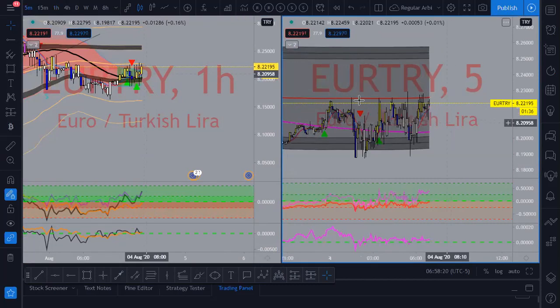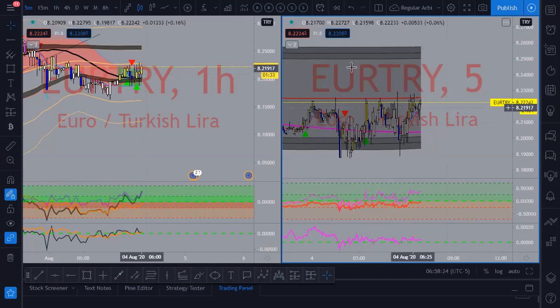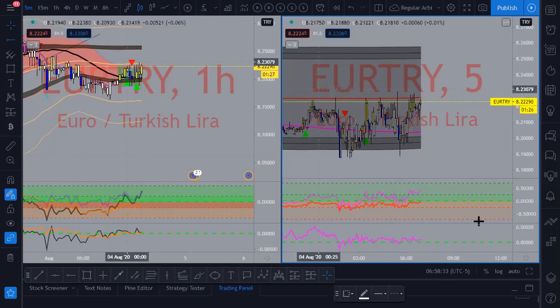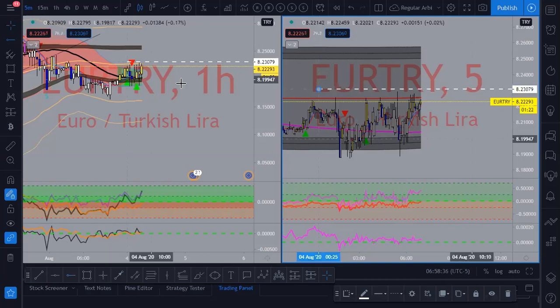I'm not trying to trade this right now. I'm not even gonna waste my time. If you do want to get into this trade, I would set a buy stop probably up here at 8.23079. But other than that, I'm not really interested in this trade.